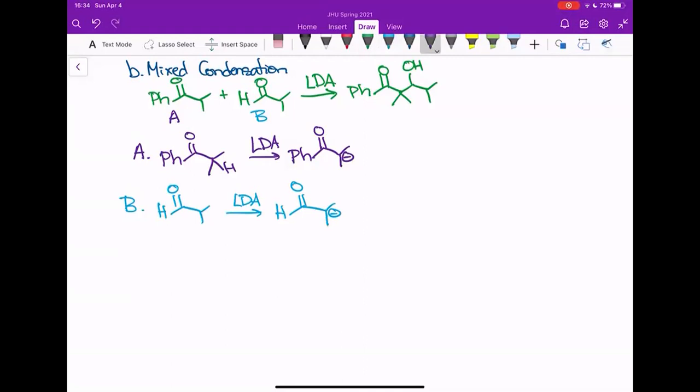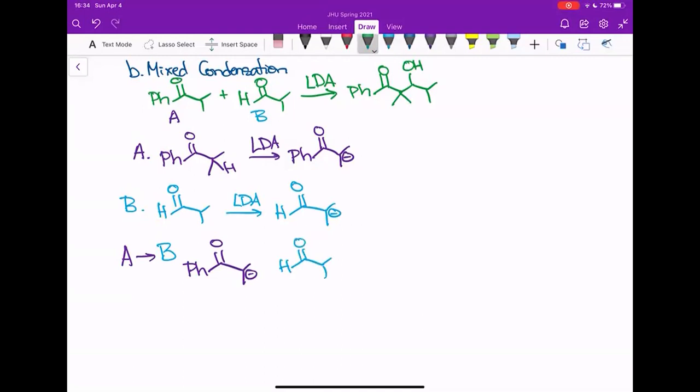And so if I were to say that A is acting as our enolate, and we're going to be attacking a normal molecule of B, you would see that this enolate will combine with your starting material.